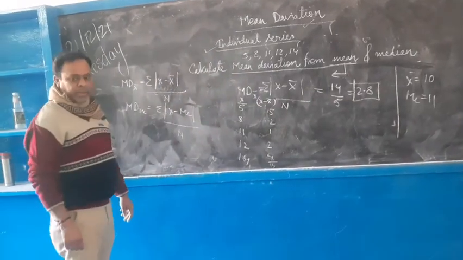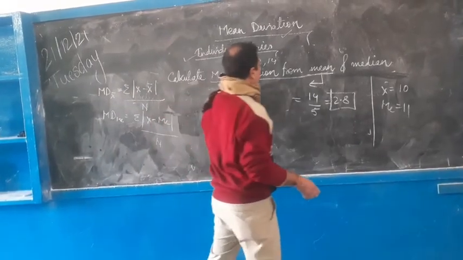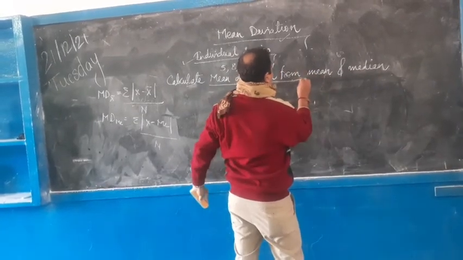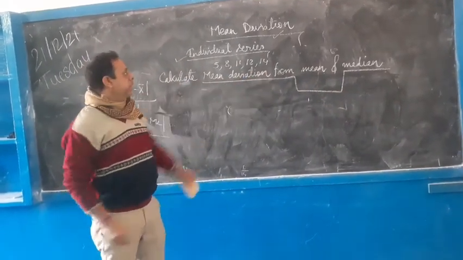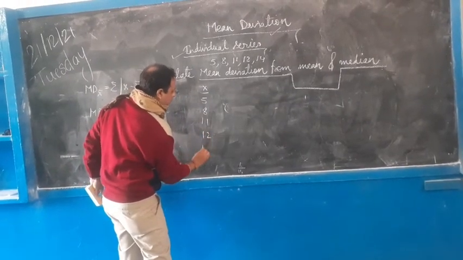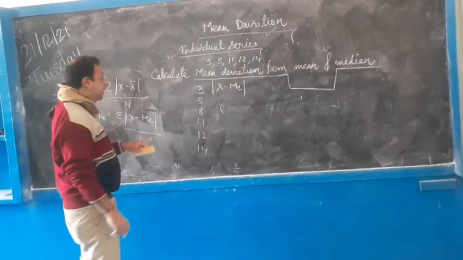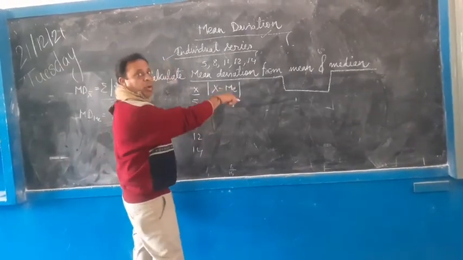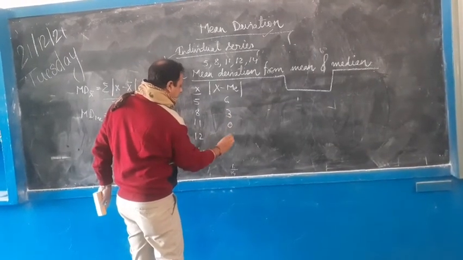Now we will calculate mean deviation from median. Again we will take our data. Now here it will be the mod value of x minus median. Median is 11. 5 minus 11 is 6, and because it is a mod value, we will take plus. 8 minus 11, 11 minus 11, 12 minus 11, 14 minus 11.